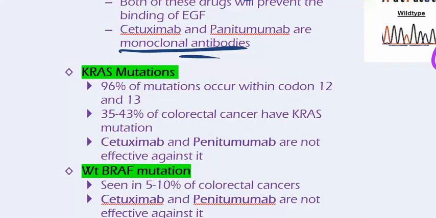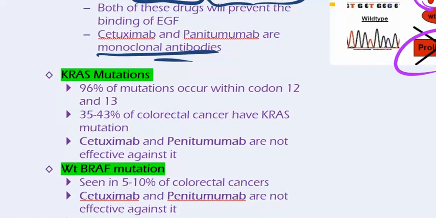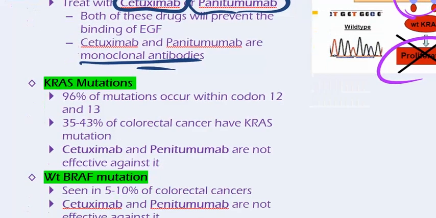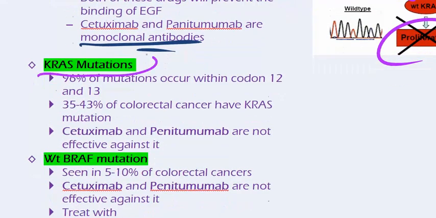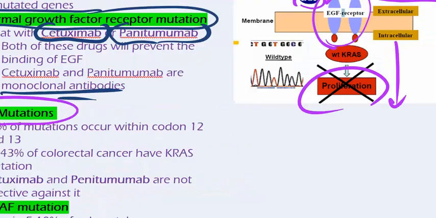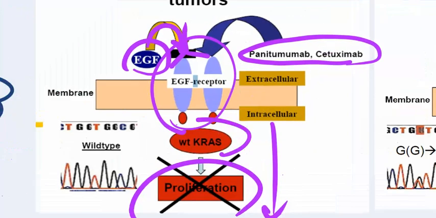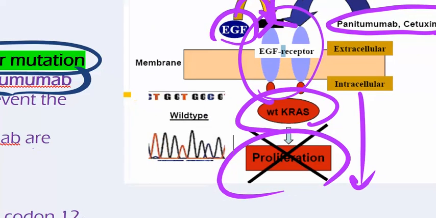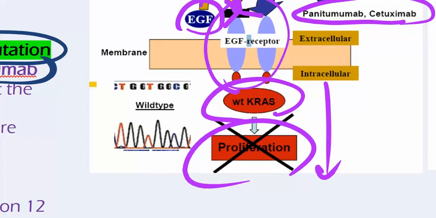Okay, so is everyone good on this so far? So we can have a mutation in the epidermal growth factor receptor, or we can have a mutation in that KRAS. This is that KRAS right here. So it's either we have too much of the receptor, or we actually have a mutation in the KRAS. Now, typically when you have a mutation in the RAS, the RAS is held in an active form. It's held in the RAS GTP form, which is active.